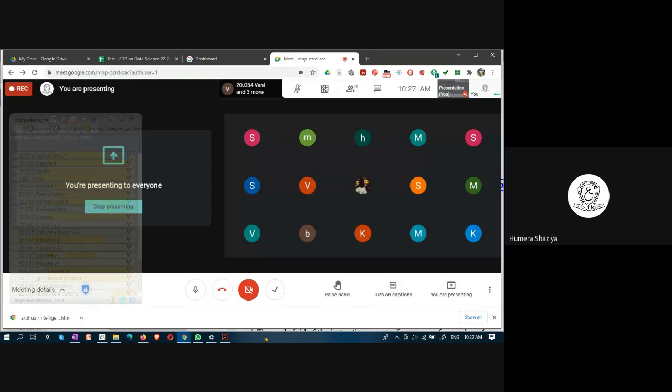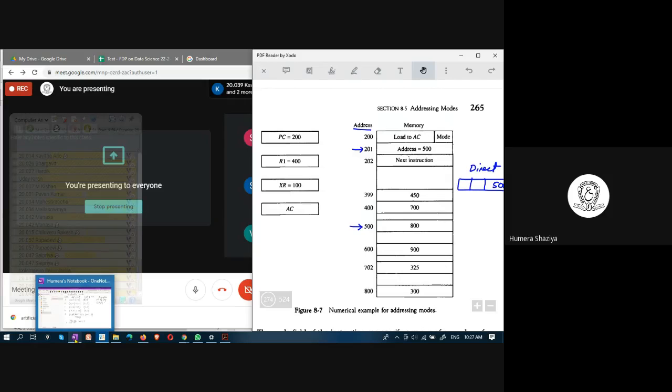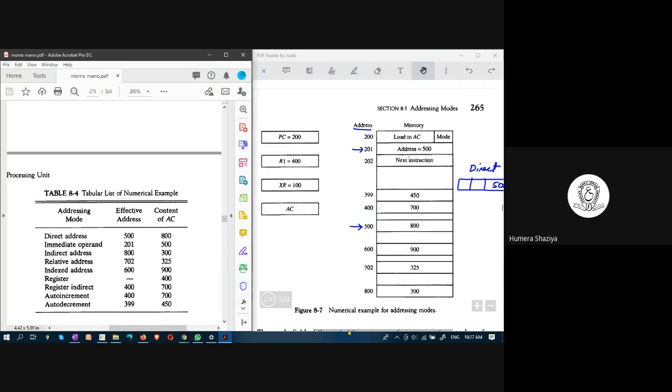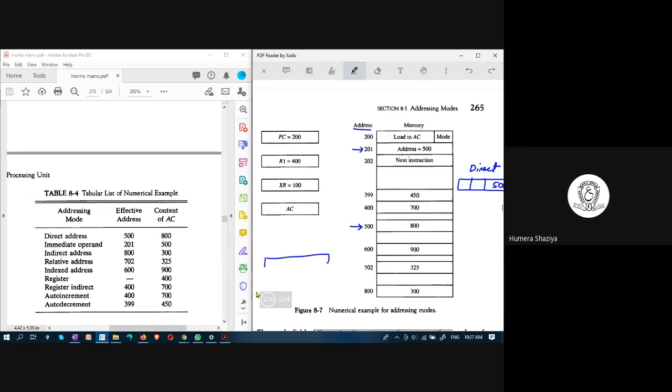Next, direct, you tell me. Direct means, where is the address? Address is within the instruction. This is our instruction. This part is the address part, right? This address part is nothing but the address of the operand.